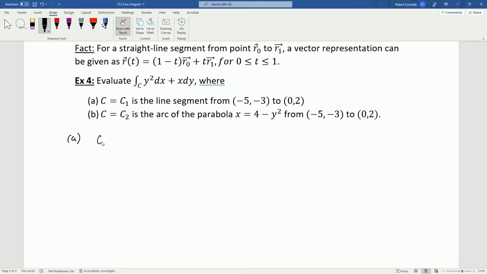Okay, so for part a, first we need to figure out a representation for our curve. Of course, this is a line segment, so we can just use r(t) equals (1 minus t) times r0, that's (-5, -3), plus t times r1.